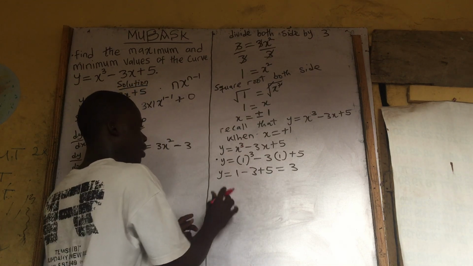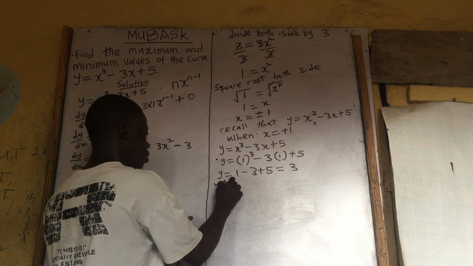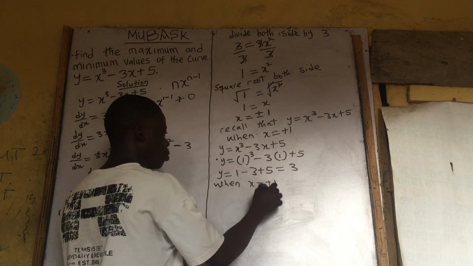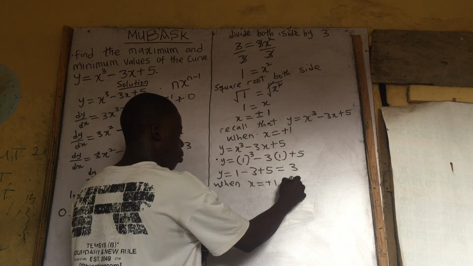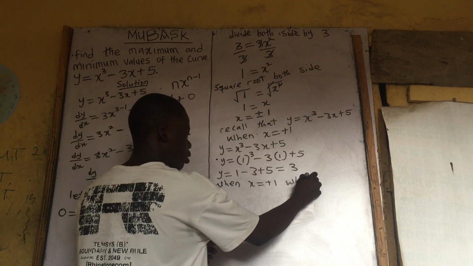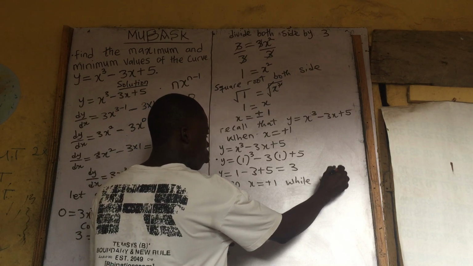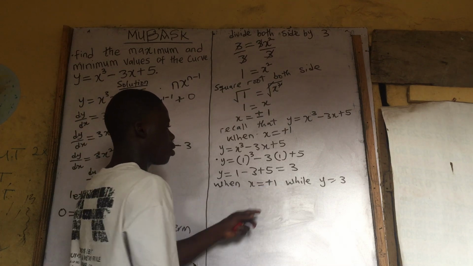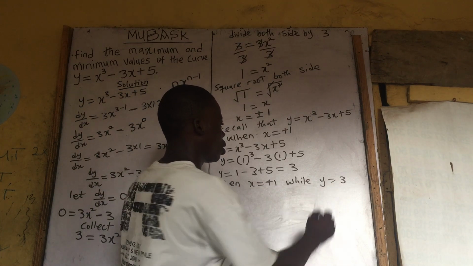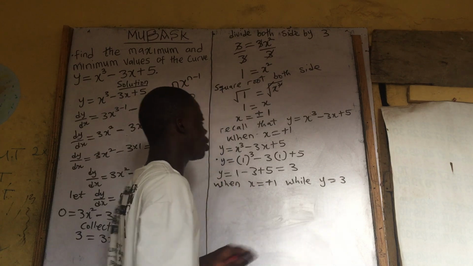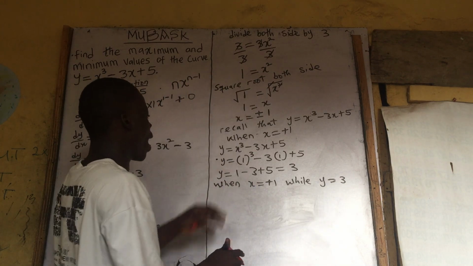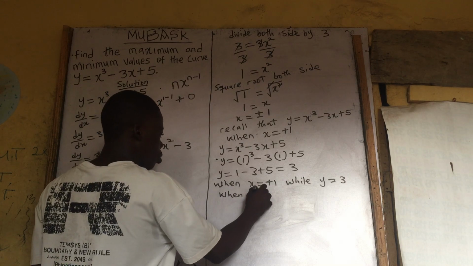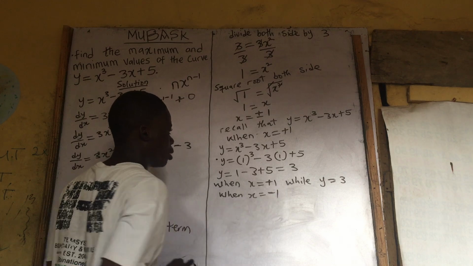Let us say it like this: when x equals plus 1, y equals 3. Now let us use x equals minus 1.